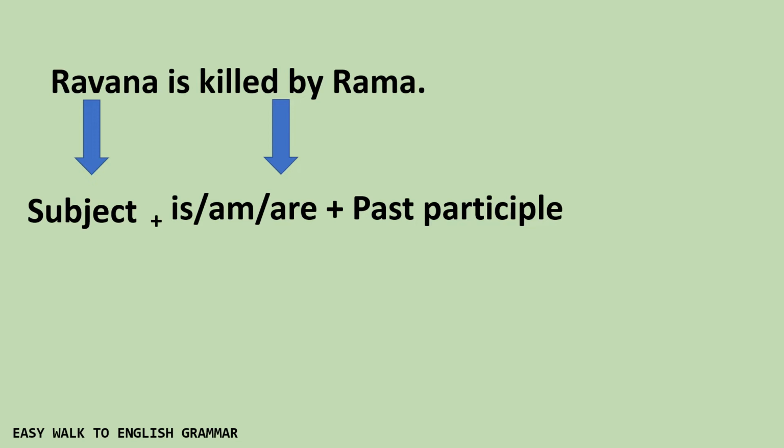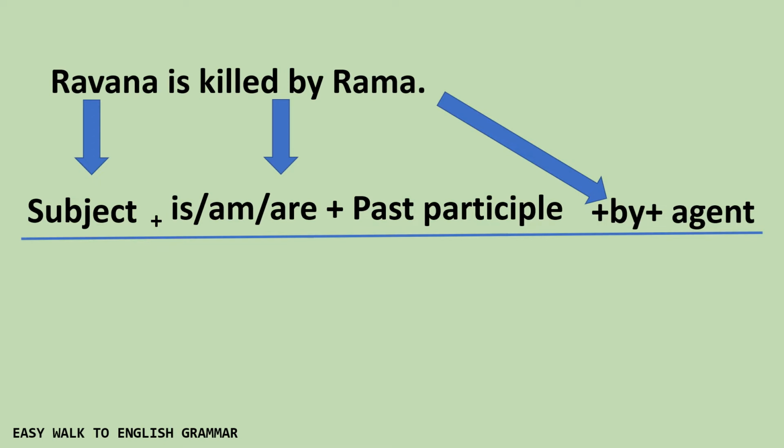The verb should always be in its past participle form in a passive voice. Plus by plus agent. The agent is the subject of the active voice. So this is the format of passive voice in simple present tense. Hope you understood.